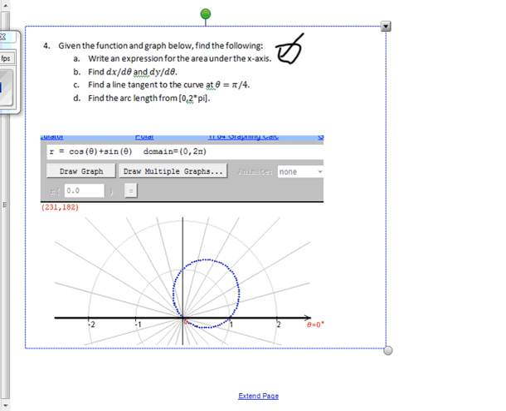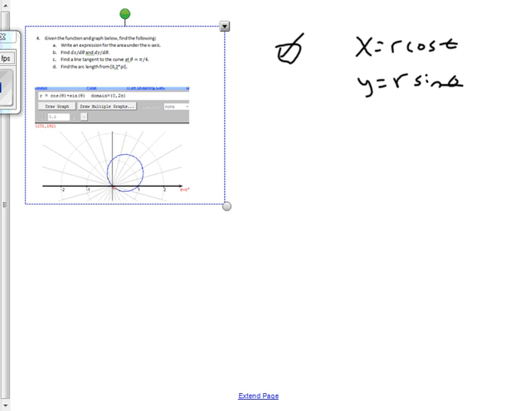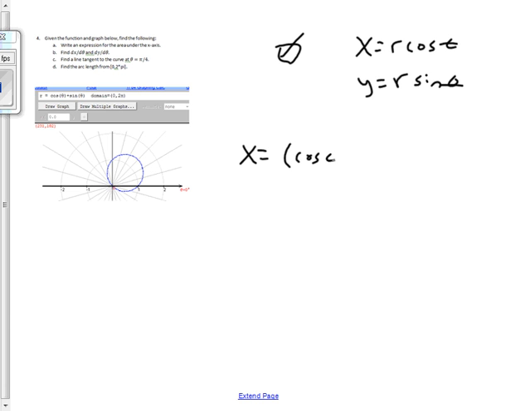Then it says find dx d theta and dy d theta. We know that x equals r cos theta, y equals r sine theta. Putting in our r value, x equals cos theta plus sine theta times cos theta, which is cos squared theta plus cos theta sine theta.